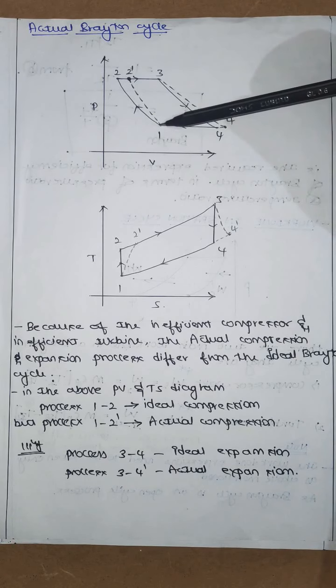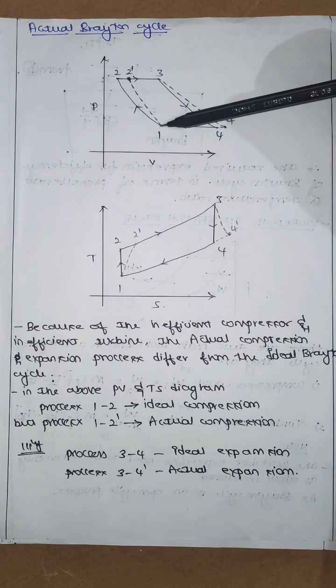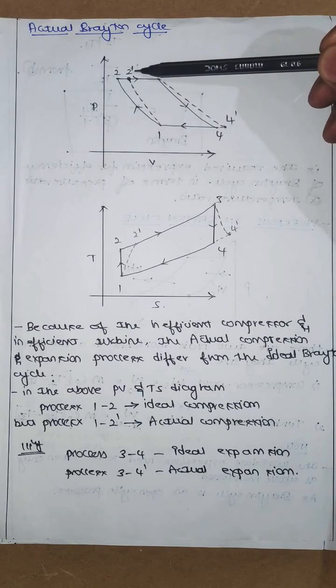Therefore, the compressor process was intended to happen from 1 to 2, but it will not happen; in the actual Brayton cycle, it will deviate a little bit to meet at 2 dash.